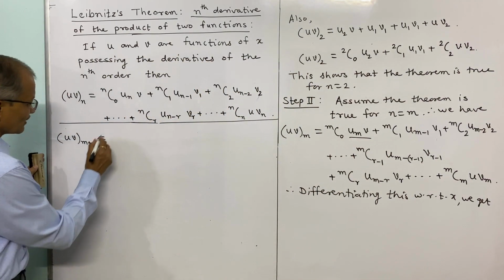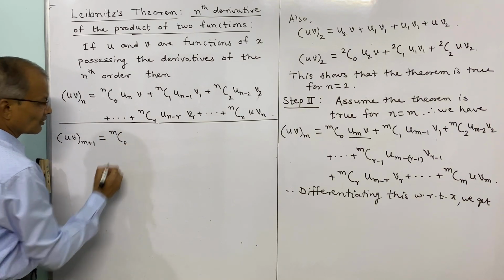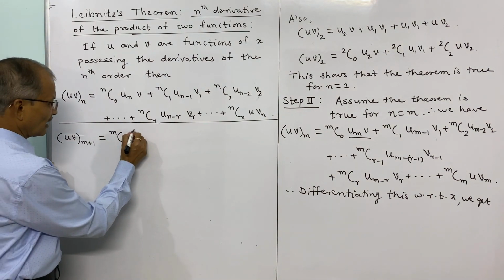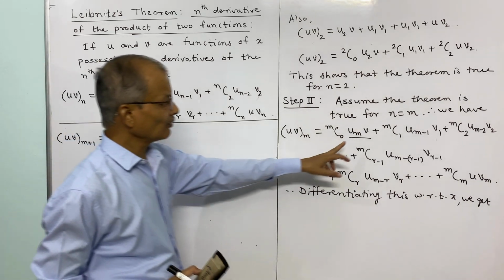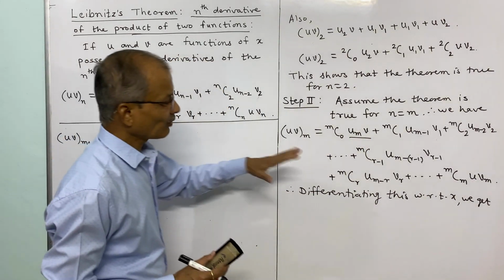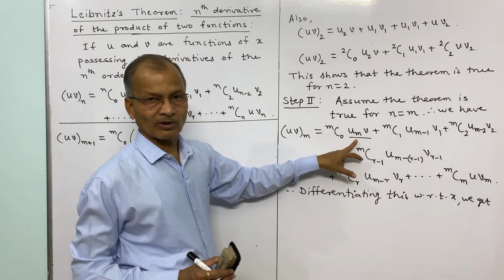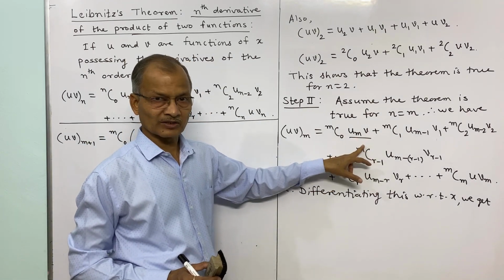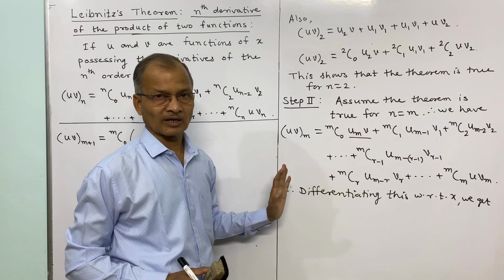So I shall write this as m choose 0 as it is, and I write the derivative of u_m into v in brackets using the product rule. The product rule we shall use like this: derivative of first, second as it is, plus first as it is, derivative of second.